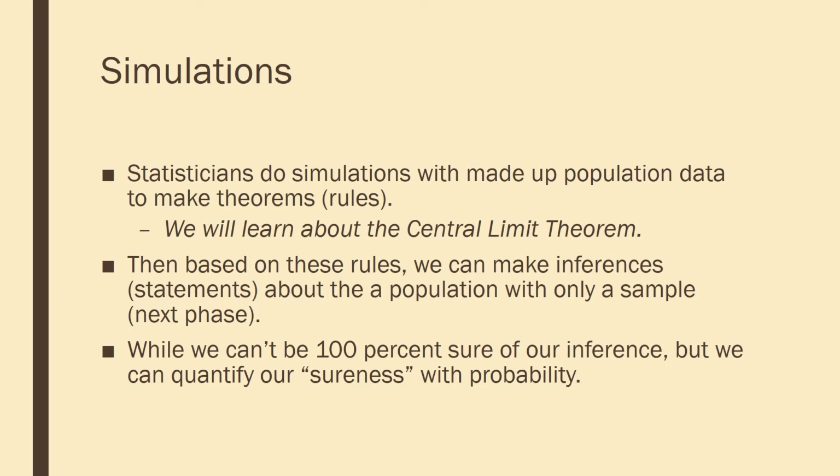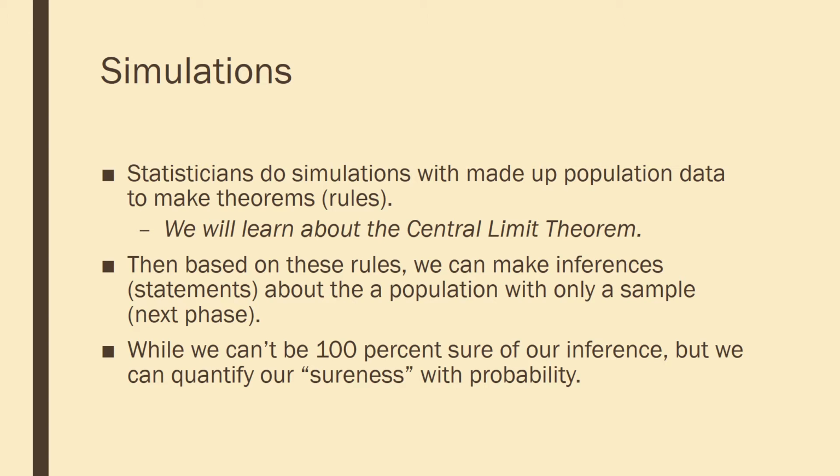And then when we actually take samples in the real world, we can use those rules that we made doing this simulation to make what are called inferences about the population with only our sample data, because we usually don't have the population data. Okay, so we're going to make inferences in inferential statistics. That's why it's called inferential statistics.